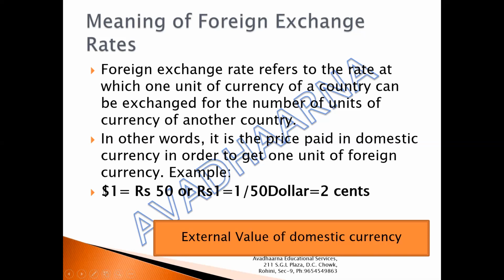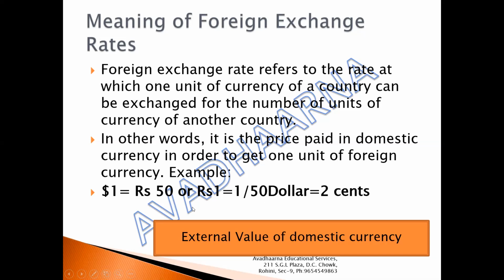For example, $1 is equal to rupees 50, or we can say that rupee 1 is equal to 1 upon $50, which is equal to 2 cents.